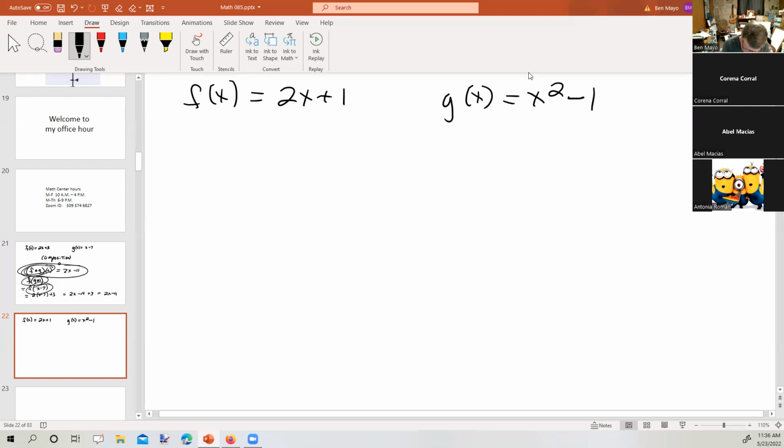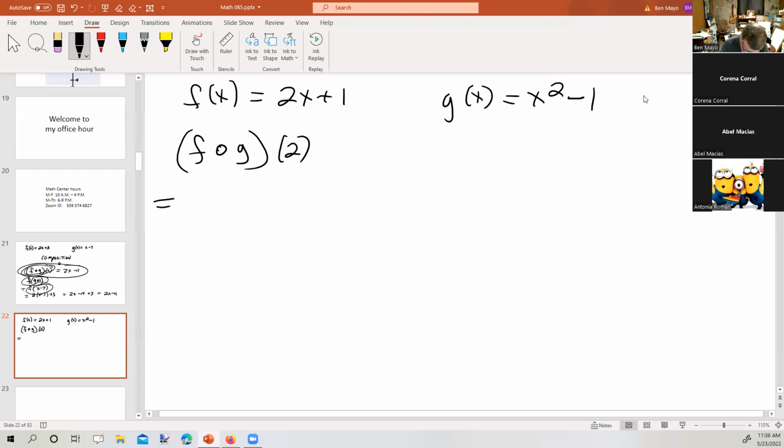We want to find f composed with g of 2. Now, in the example I did earlier, we had a general case. Here we're looking at a specific case where we've got an actual number instead of some algebraic expression.